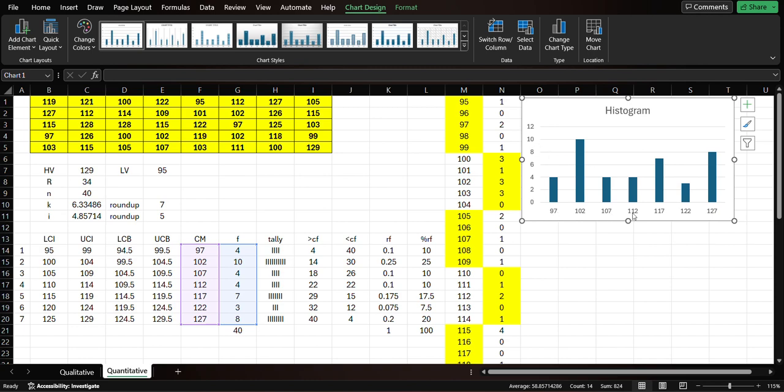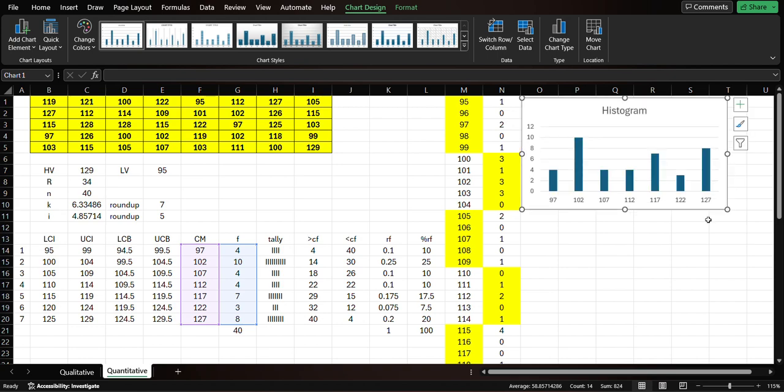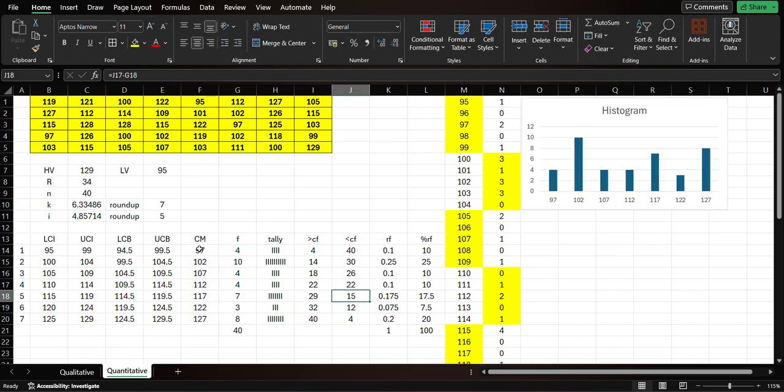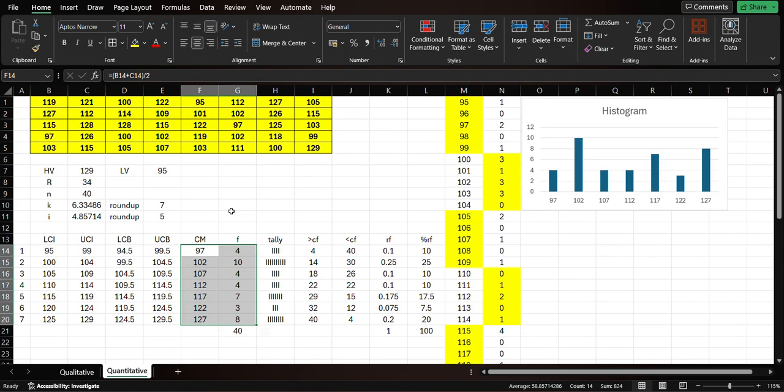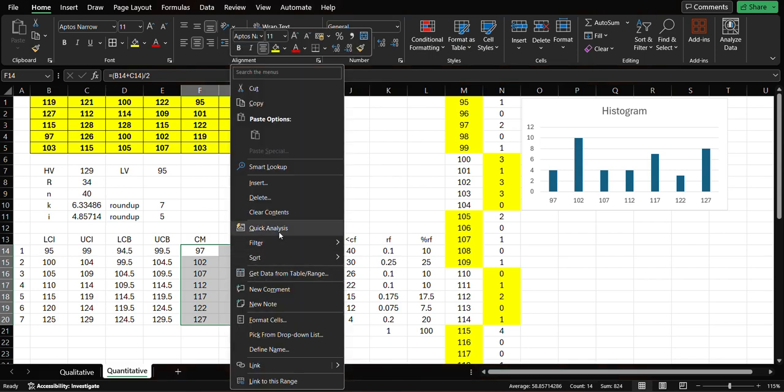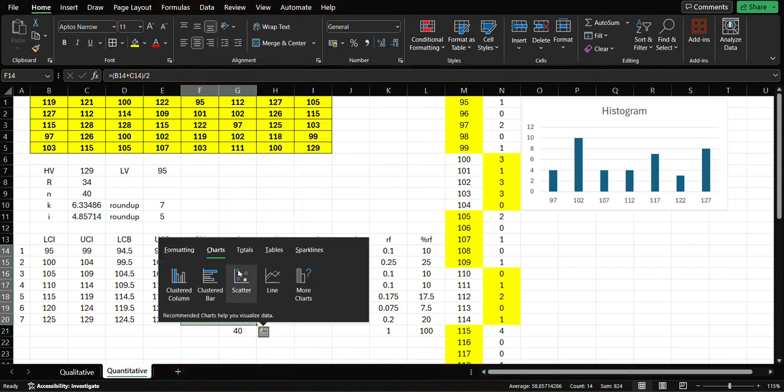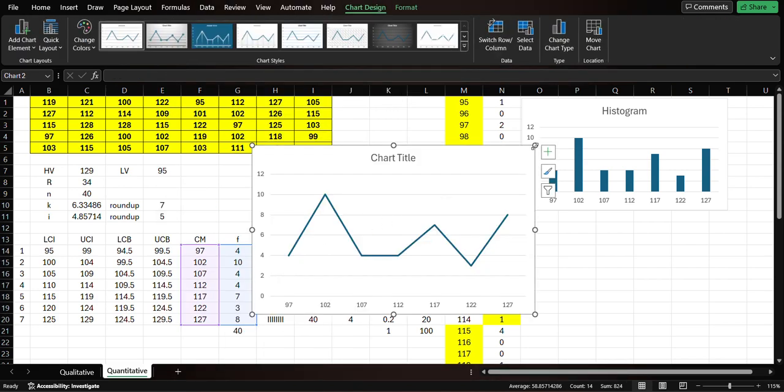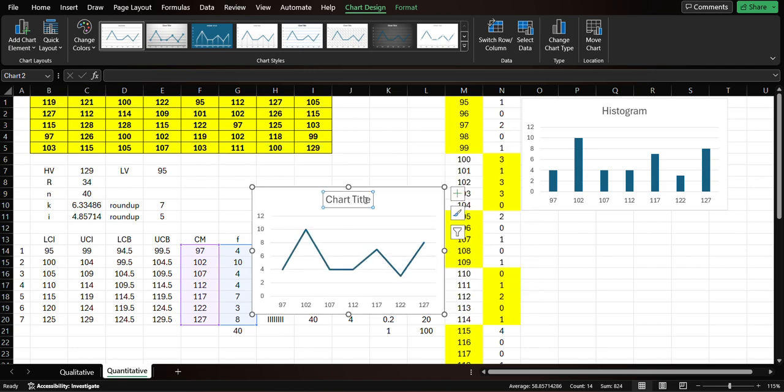And then I go to charts here to the clustered column. So this is histogram. The histogram would give you the frequency versus the class mark.